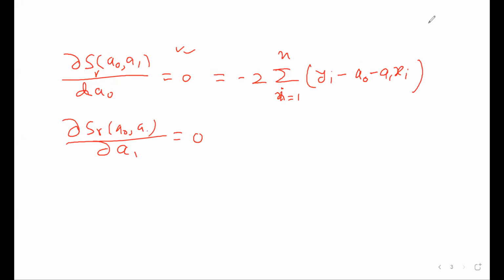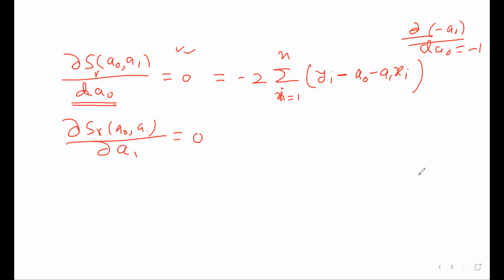If you look clearly, you are differentiating with respect to A0, and the A0 coefficient has a negative sign there. Then you differentiate the square term, so a 2 comes down. Next you have to differentiate the inner function. If you differentiate the inner function, yi is 0, A1 xi is also 0, and then d of minus A0 by dA0 equals what? Is it not -1?